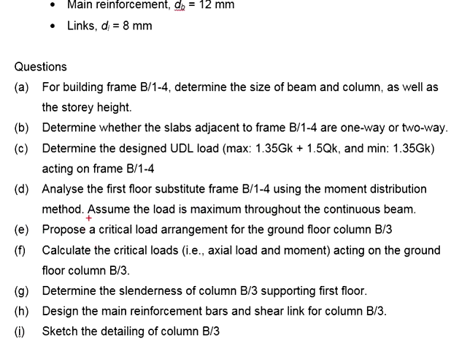The meaning of critical load arrangement is the load case that is likely to give you more critical conditions to the column here. You know that the column will be more critical under the moment as compared to the axial load. Concrete is strong in compression, but it is weak in tension.